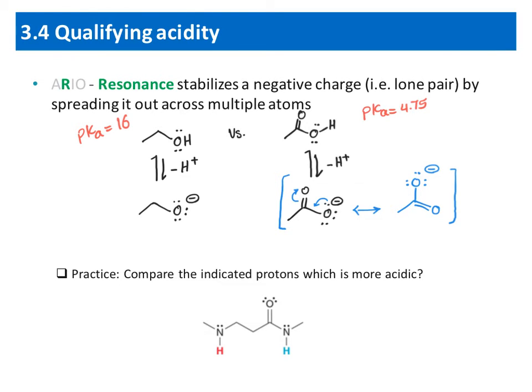Now in this bottom example, we want to know which hydrogen is more acidic, the blue one or the red one. To identify that, we first need to draw the conjugate bases for each side. I start with the left. For the conjugate base, I remove the proton.